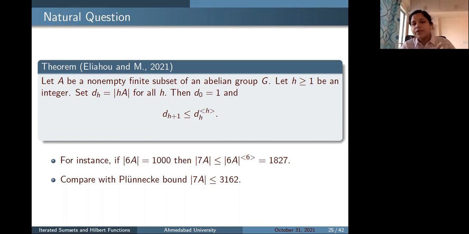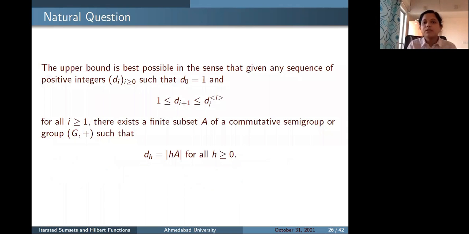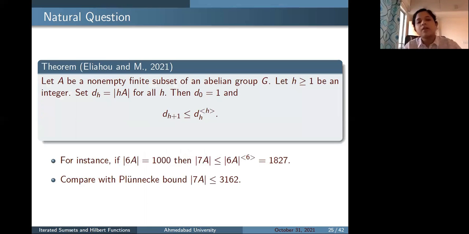Naturally, one question which one would have in mind is whether this result which we have is the best possible, whether the upper bound is the best possible. Best possible in which sense? That is very important. Best possible in the sense that suppose I have a sequence of positive integers satisfying this property.